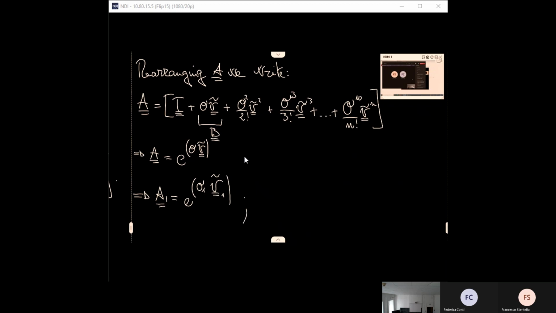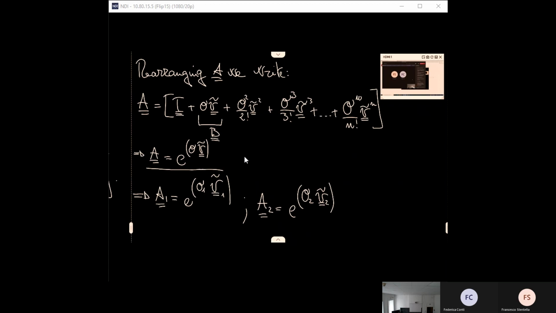And then we have A2, which is equal to e applied over theta 2, V tilde 2. So I consider two different angles, two different rotations, about two different axes, okay? For what we have demonstrated here, I can write A1 and A2 like this.